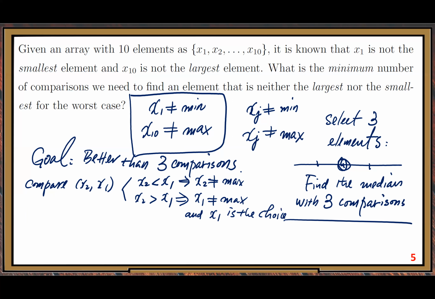Because we already know x1 is not the minimum. We just take x1. x1 is not the minimum, not the max. So for the second case, we just need one comparison.